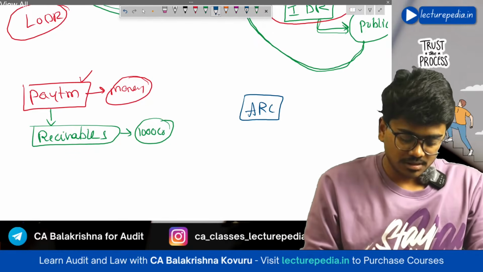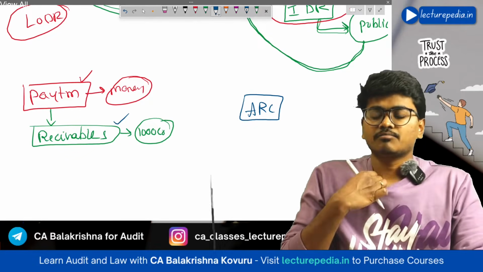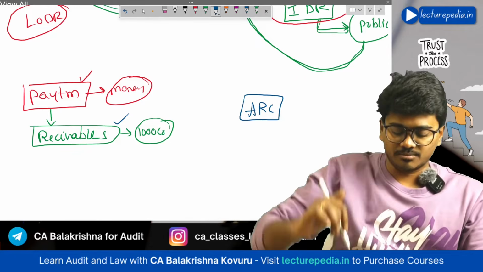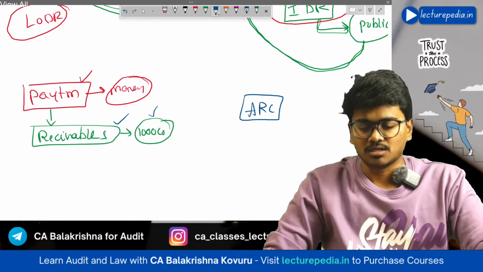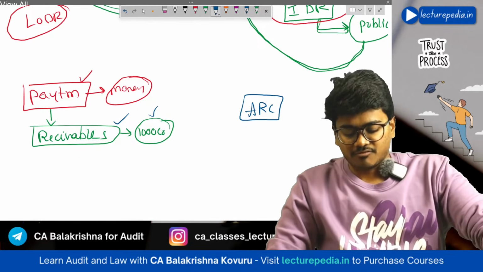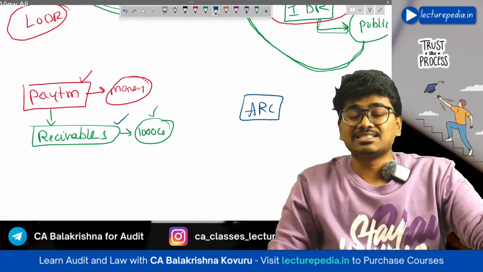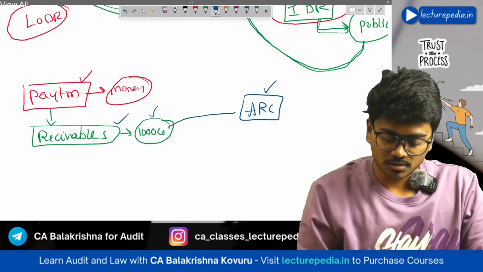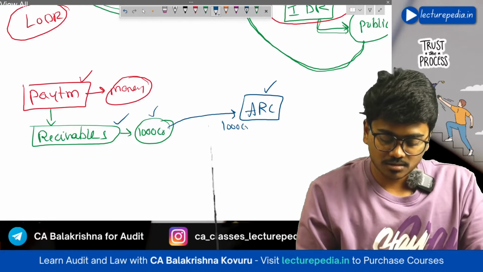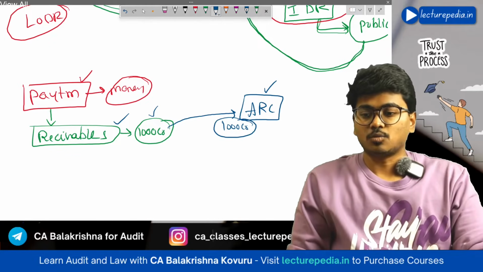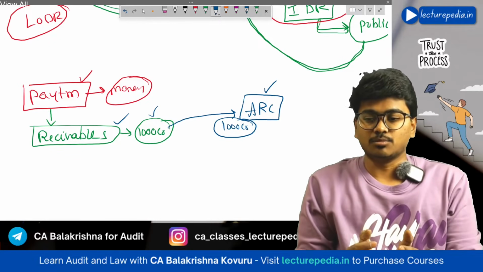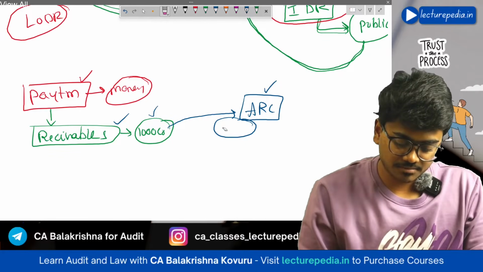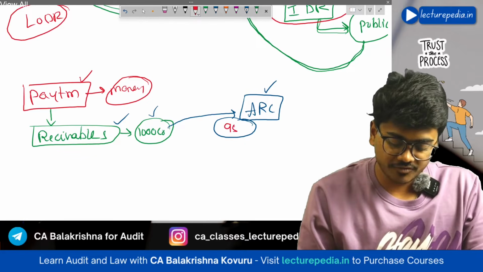Let's say, for example, these receivables have been on the books of accounts of Paytm for a long period of time. They are not giving money to Paytm. So what Paytm will do is sell these receivables to the asset reconstruction company. It will sell 1000 crore worth of receivables to the asset reconstruction company at 950 crores only.